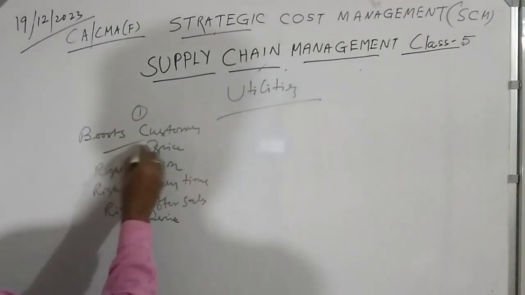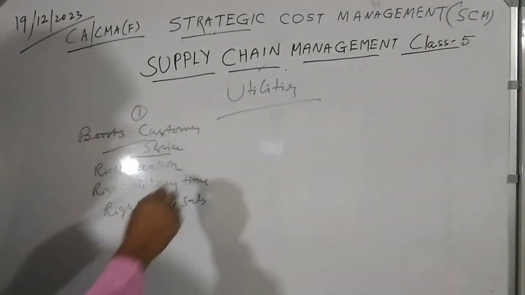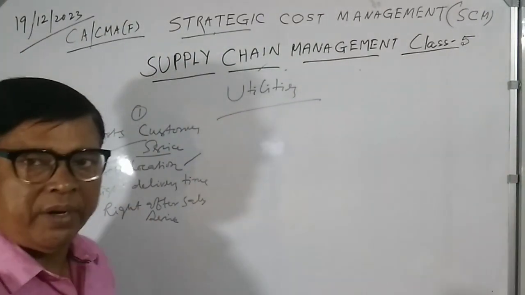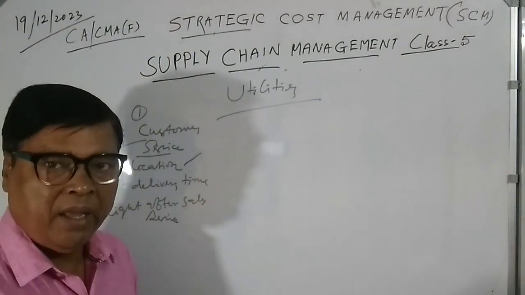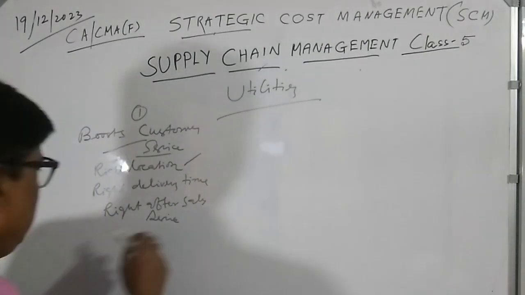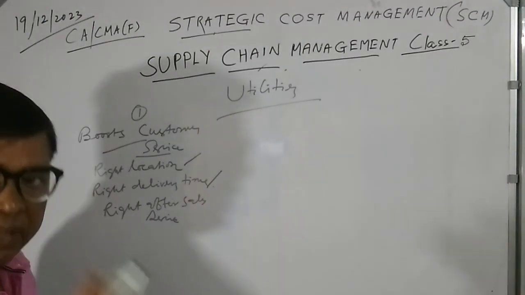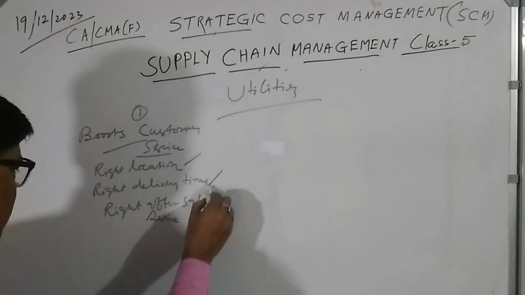You understand that for boosting customer service, your location should be right. If your distribution point is not there, you cannot have smooth delivery. Right delivery time, we have given the example just now: immediately you have to get the material.